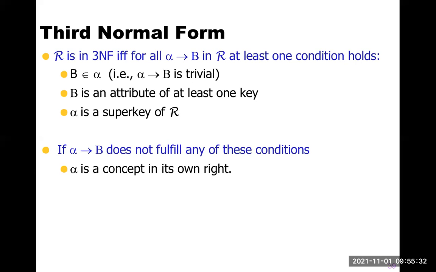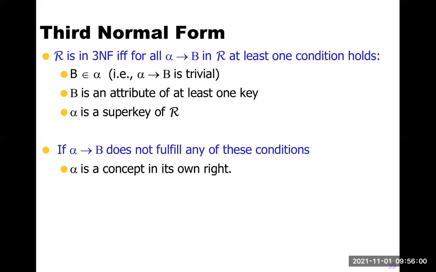And the last thing, and that's the left part, alpha, and alpha is a combination of columns, maybe a single column, maybe one column, maybe two columns. The left part of every functional dependency needs to be a super key. So we don't allow anything to be in the left part but super keys.